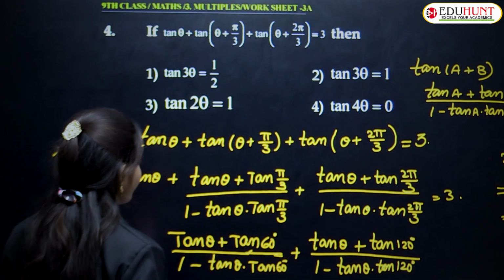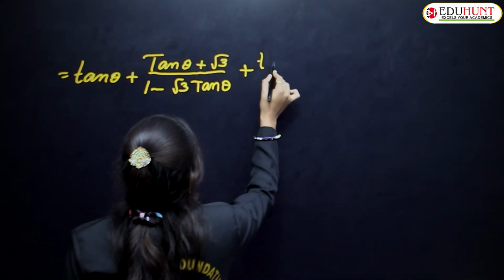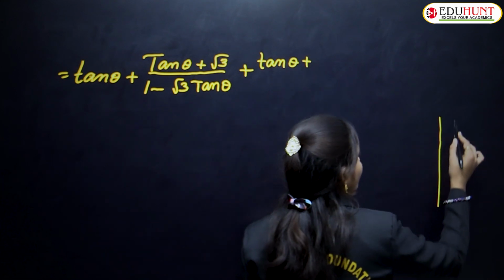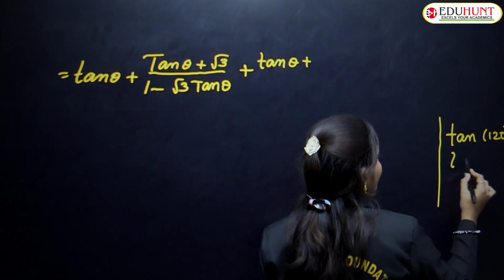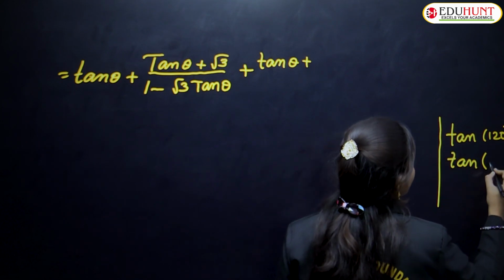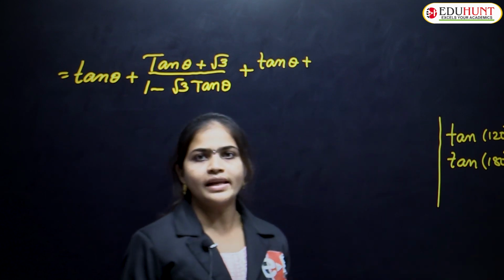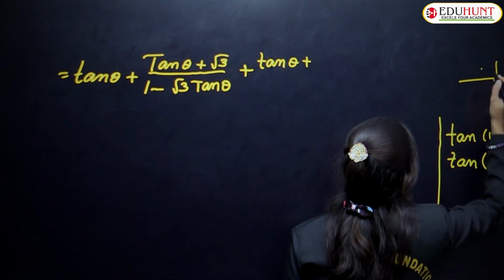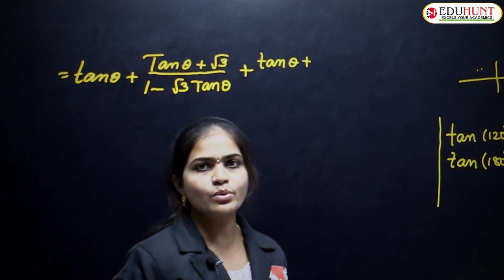Okay. So plus tan theta plus tan 120 degrees. So how can we write tan 120 degrees? Tan 120 can be written as tan of 180 degrees minus 60 degrees. Shall we write like this? 180 minus 60 means that is the second quadrant, no? So in the second quadrant, 180 minus theta, is tan positive or negative?